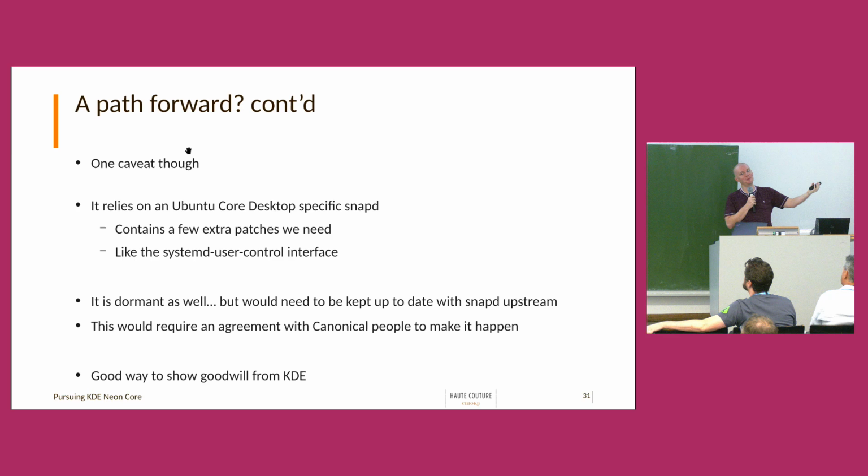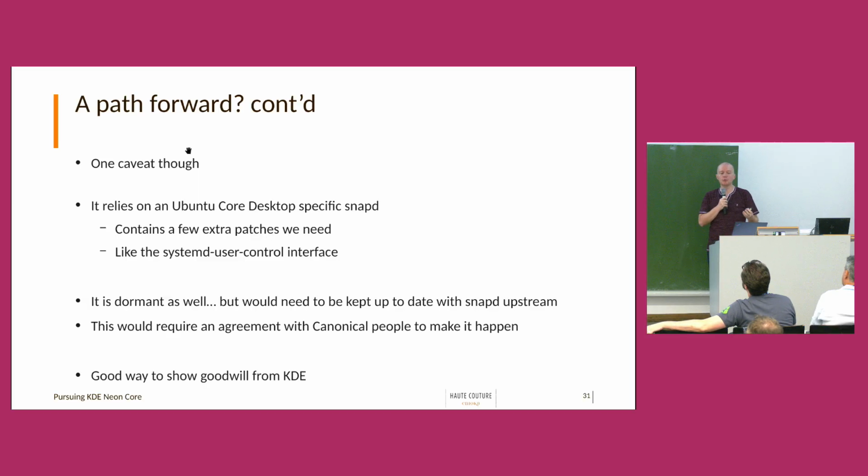So that fork is dormant as well, so it risks falling behind. So we would need to have an agreement between KDE and Canonical to allow us to actually do just that maintenance of rebasing the stuff from time to time, which is not necessarily a very big and horrible job, but that's still some work that needs to be done from time to time.